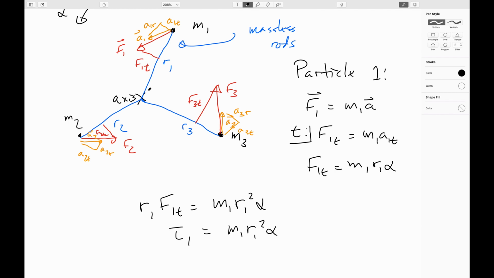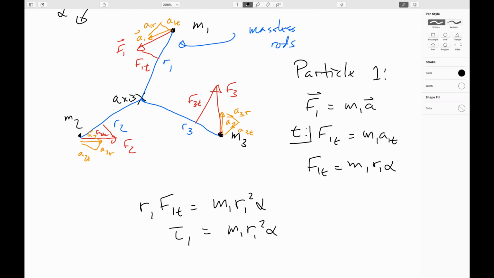The bit that matters is the bit that's side to side, that's actually attempting to change the rate at which the object is rotating. So by taking all these tangential components of forces, we get the appropriate tangential components of acceleration, and we can then say that the torque due to this force is equal to this quantity here times the angular acceleration.